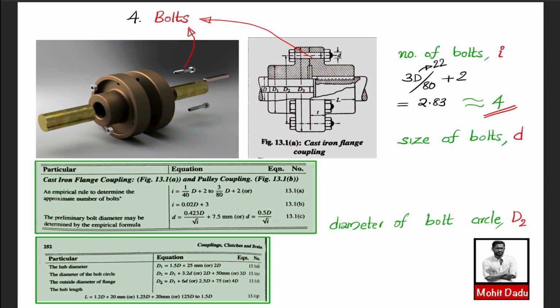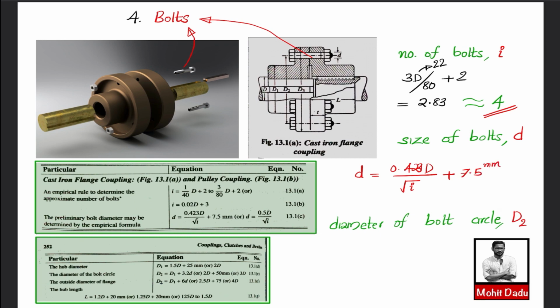Next we will be evaluating the size of the bolt, that is diameter D. Already we have seen this diameter. For finding the diameter also we have an empirical relation given in 13.1. You can substitute: diameter equals 0.423 D divided by square root of I, where I is the number of bolts, which is 4 we have finalized, plus 7.5 mm.